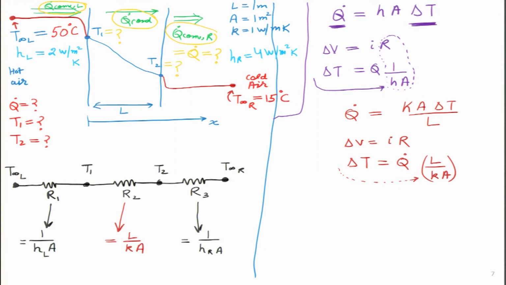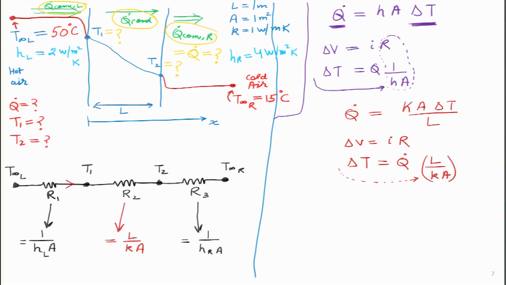Now, I have the full electrical circuit, the thermal resistance network, which appears like an electrical circuit. If I go back into the diagram, I can put some arrows over here, because the current is flowing through this electrical network, but instead of calling it current, we are calling it Q dot.